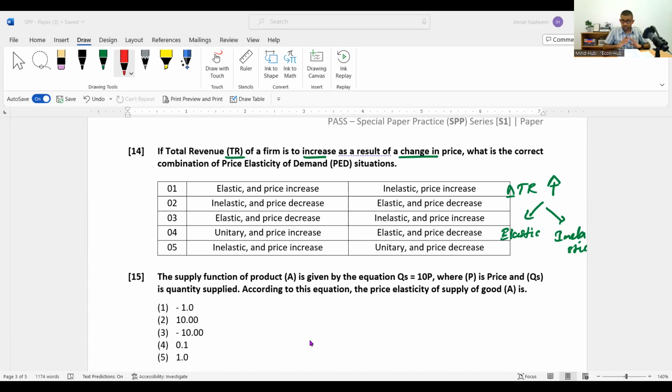If you are clueless on what I am asking, if it doesn't click anywhere, please, after this session, go back to your unit 2, elasticity, price elasticity of demand. If it's my revision, theory recap, a comprehensive table will be there where everything is summarized. Get the job done. Look at that table.